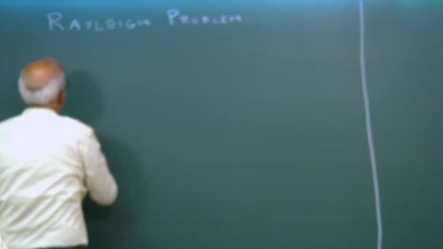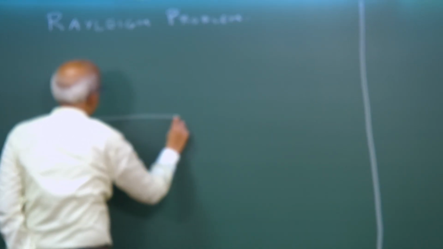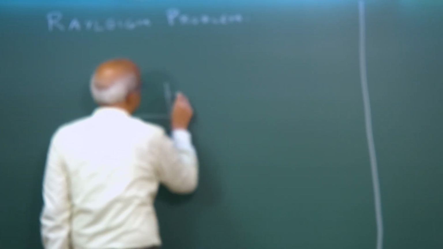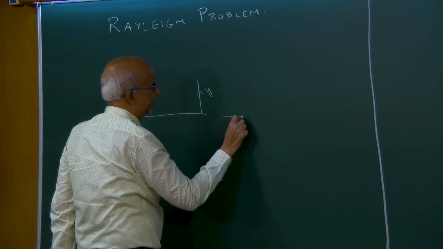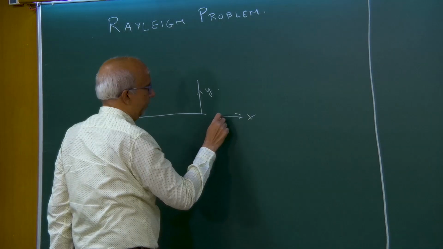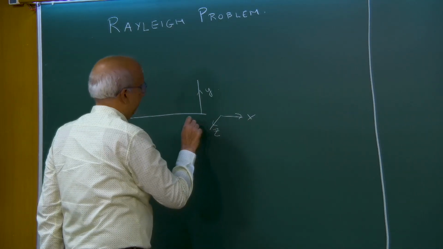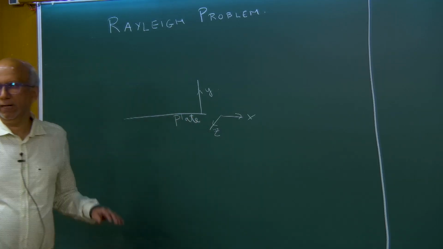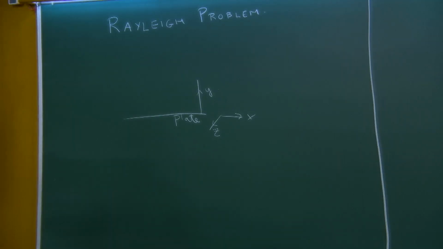and this is the thing. You have a plate here, this is the y direction and this is the x direction and this is the z direction. So, this is the plate. The plate is in the xz plane. Okay.